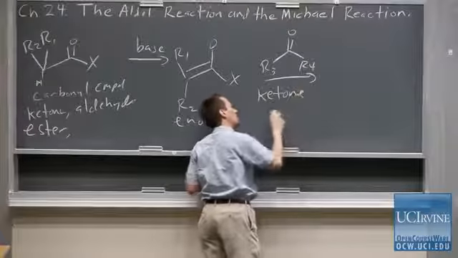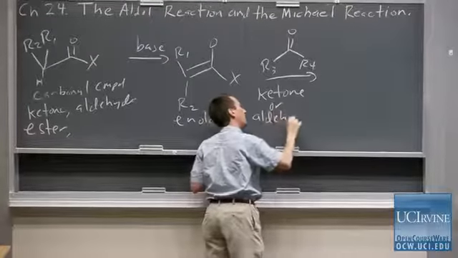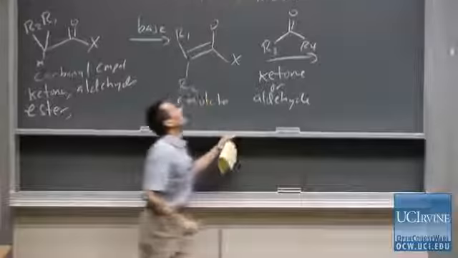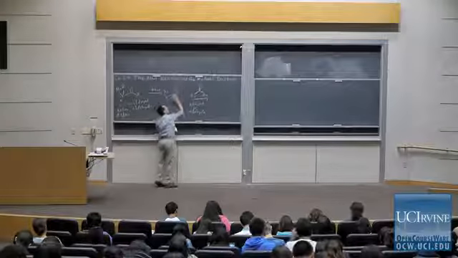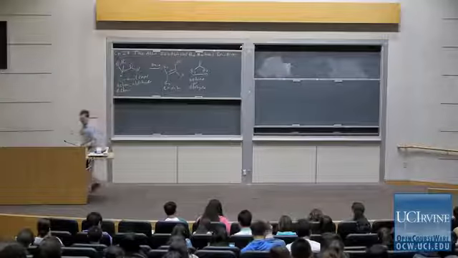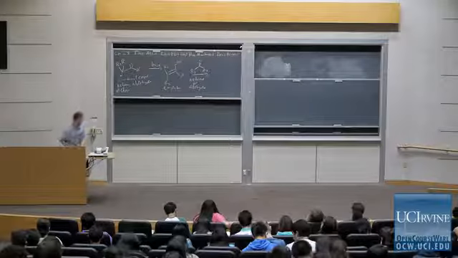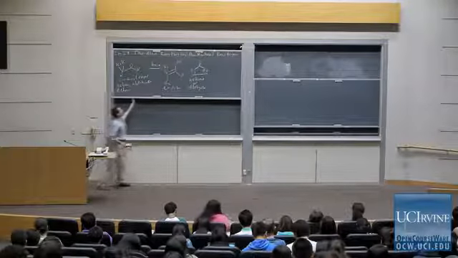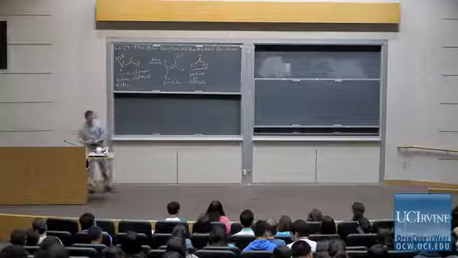We'll talk more about specifics in a moment. And the enolate, let me draw my negative charge here. The enolate, of course, is nucleophilic at the alpha position. The ketone or aldehyde is electrophilic. And so we form a bond between the enolate and the ketone or aldehyde.